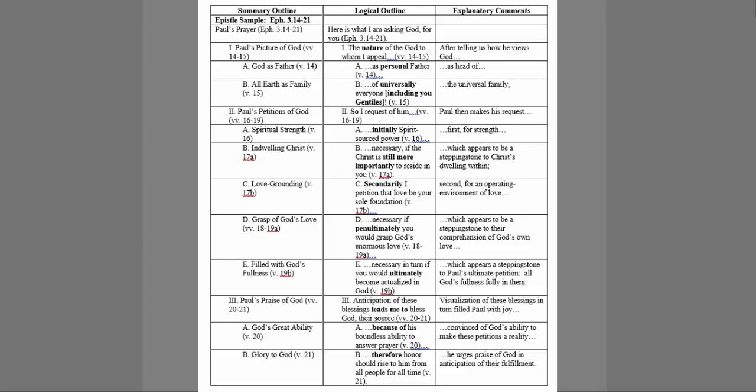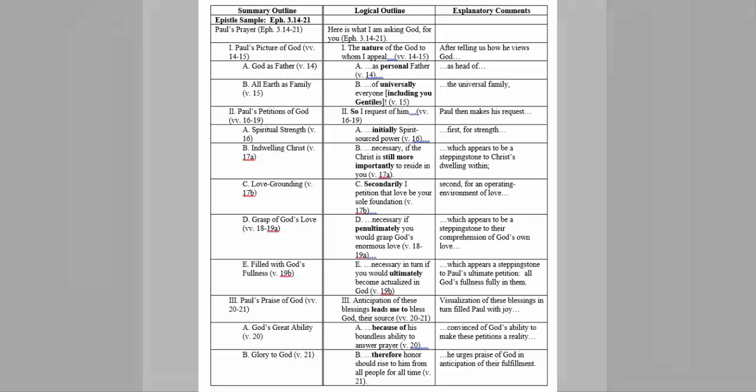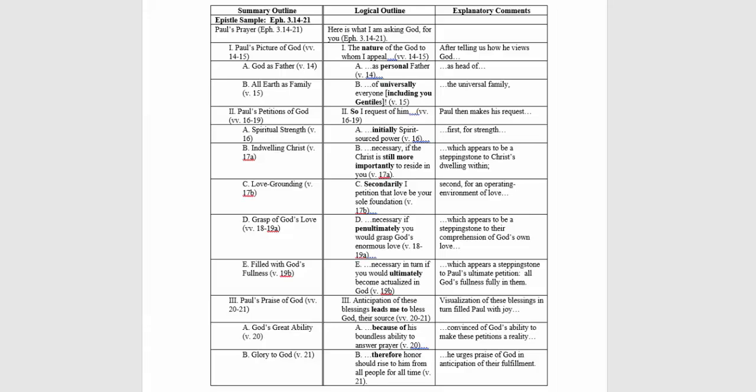I think this could be improved on, which leads to another point, a question that some ask. Is there just one logical outline? Is there a perfect logical outline, shall we say, for every passage? Frankly, I don't think so. In other words, if you were to present an outline on this passage in Ephesians 3, I'll bet there'd be some place where I'd say, I like your outline better than mine. Why? Now, here's the important thing.